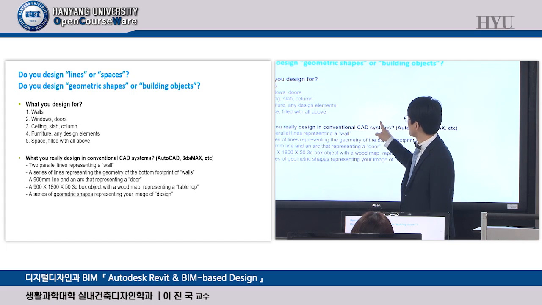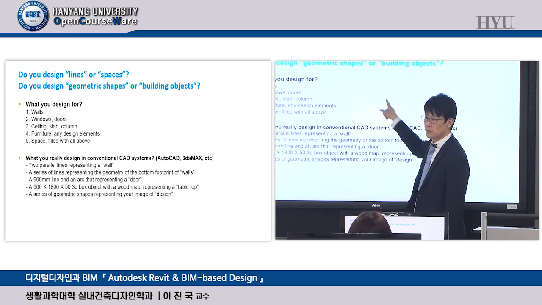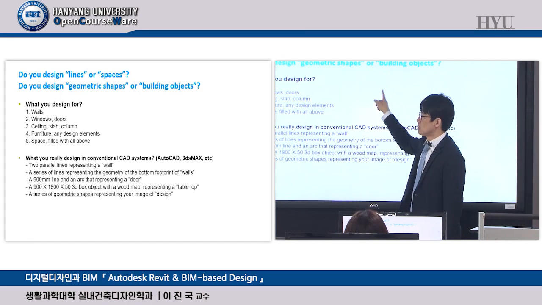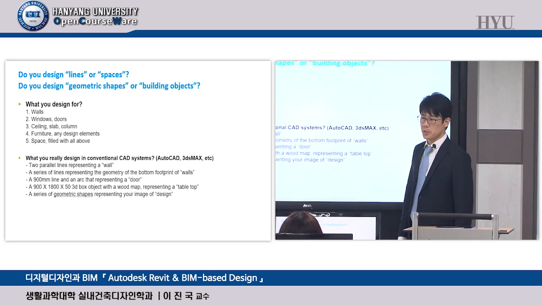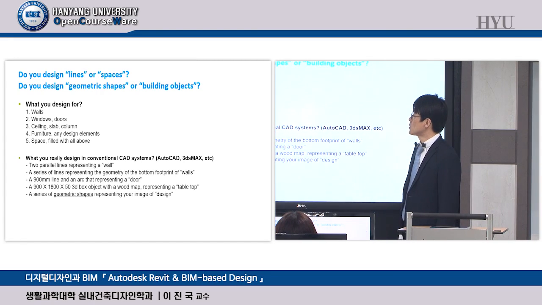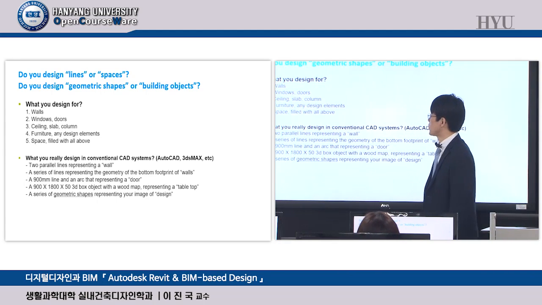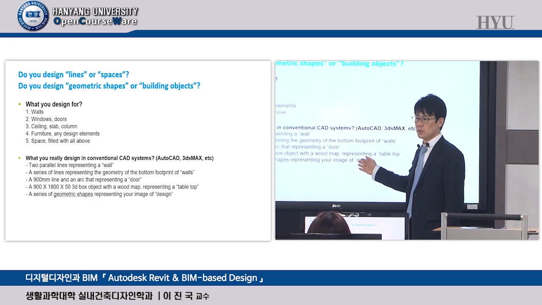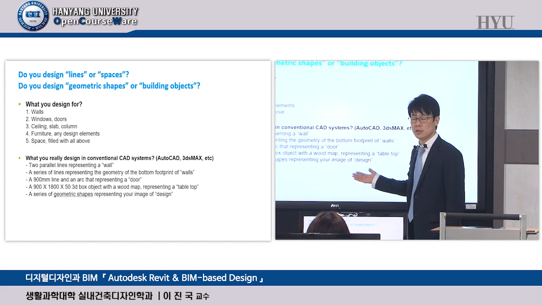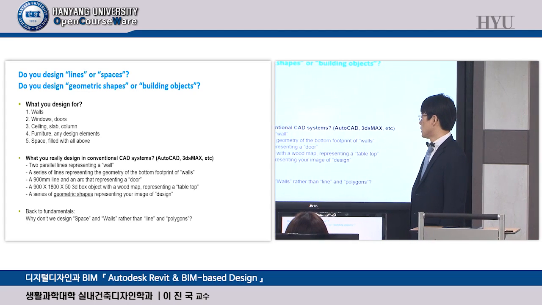And an arc and a 900 millimeter line representing a door, because there is a symbol of a door object, okay? So instead of walls, windows, doors, ceiling, slab, column, furniture, space, we draw something on top of 2D. Even if it's 3D, just geometric shapes, okay?